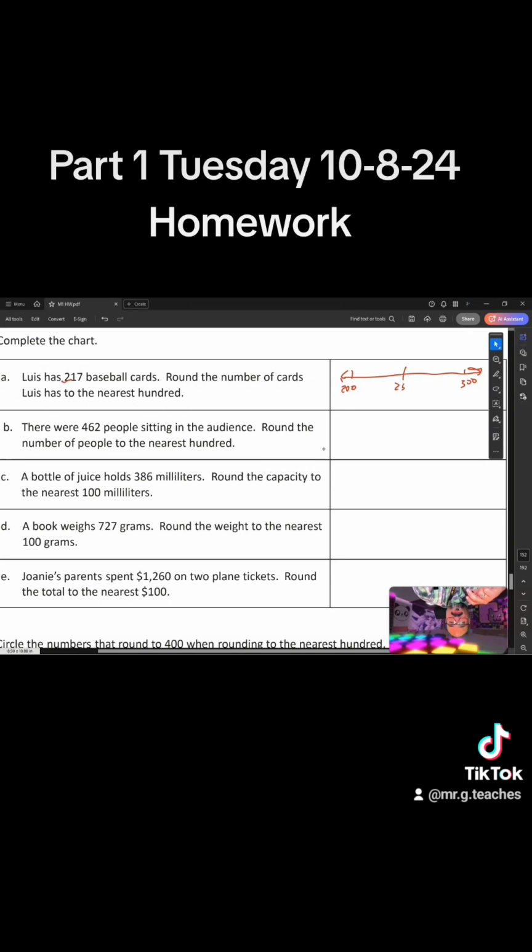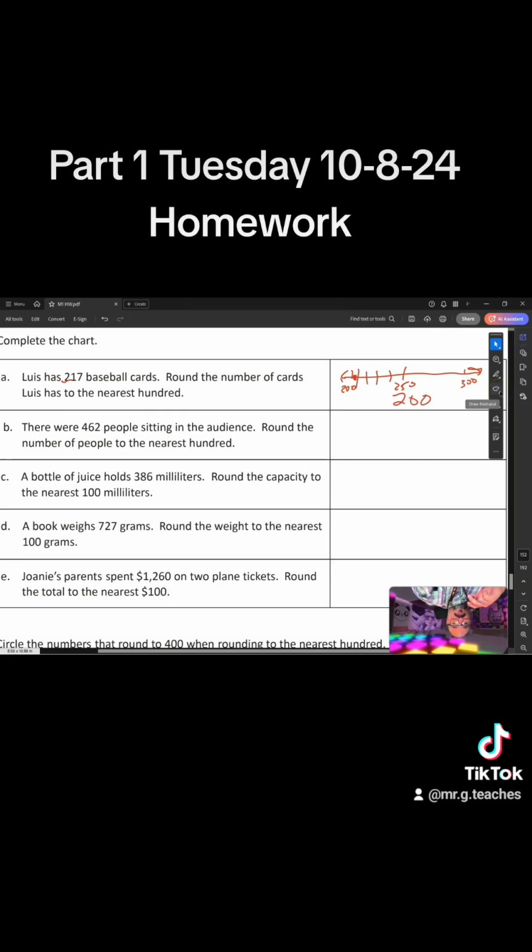Halfway would be 250. So 217, 200, 210, 220, 230, 240. So 217 would be before 220, so about here. Less than or greater than half? Less than, so this would round to 200.